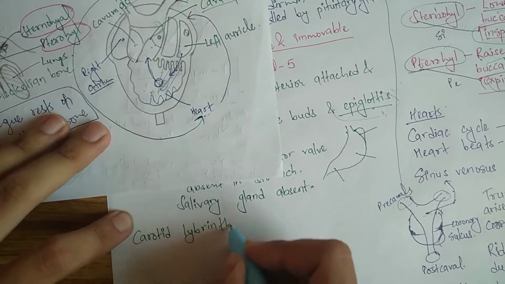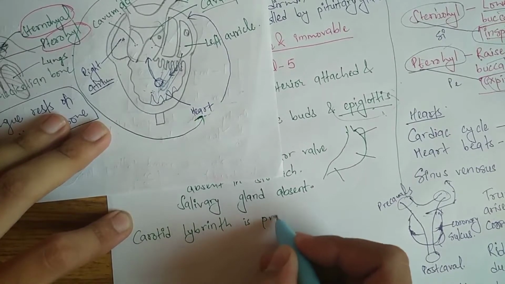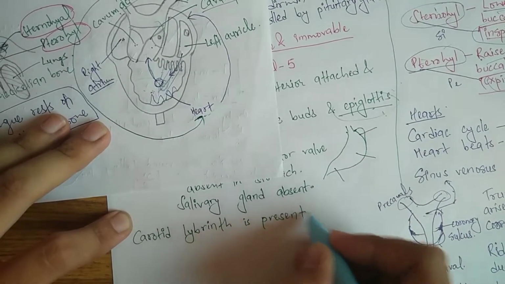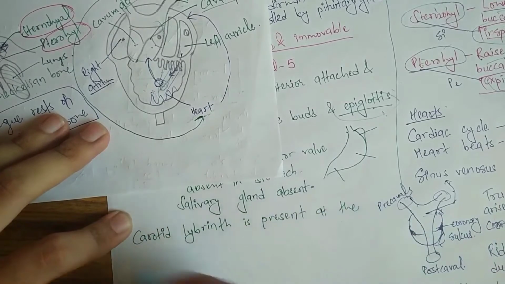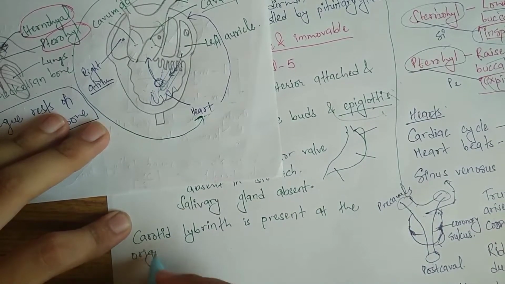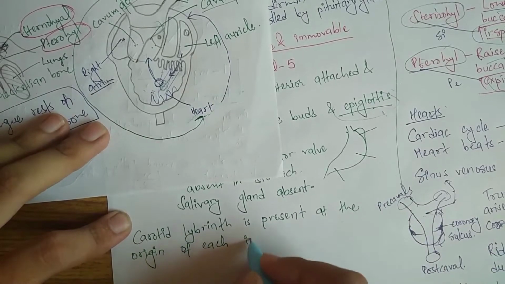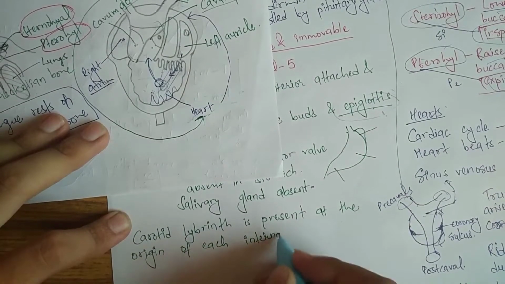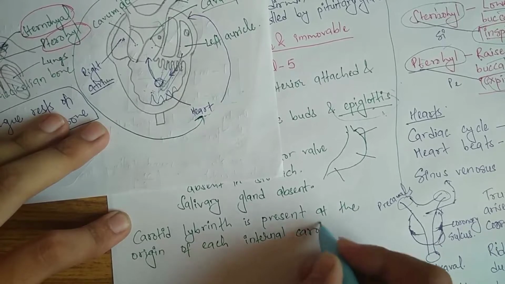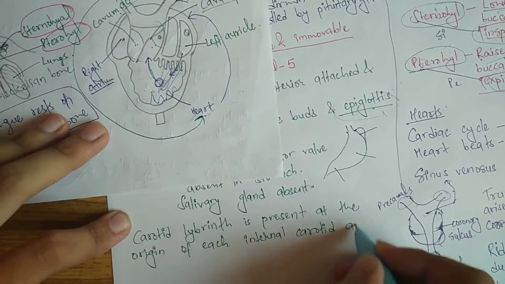The carotid labyrinth is present at the origin of each internal carotid artery.